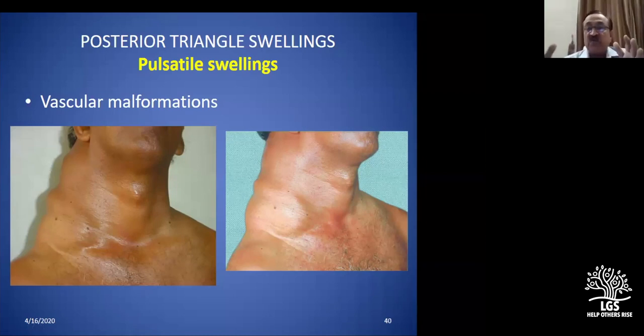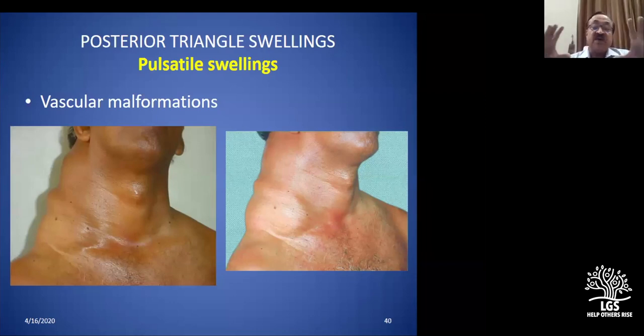So he did not go, because it was not causing pain. It became so big. It was having bruit, thrill, etc. A classical case of arteriovenous malformation, and embolization was done here. Later, he underwent an excision in a phased manner. So the posterior triangle is also a site for vascular malformation as part of pulsatile swelling.